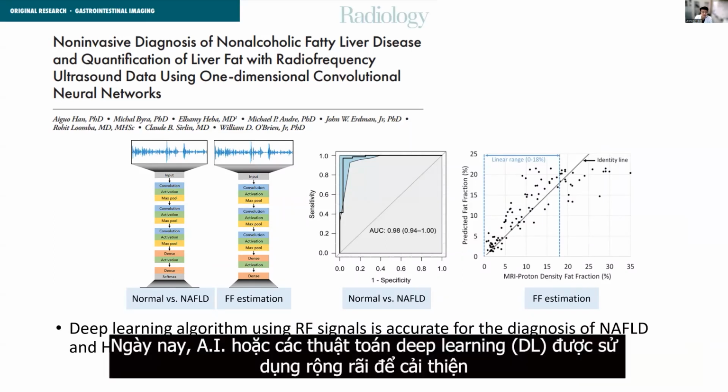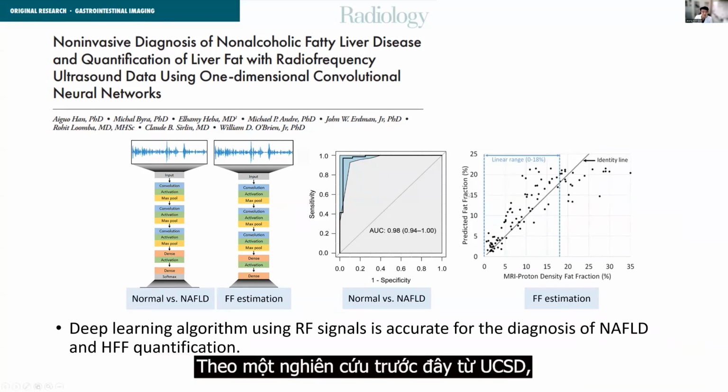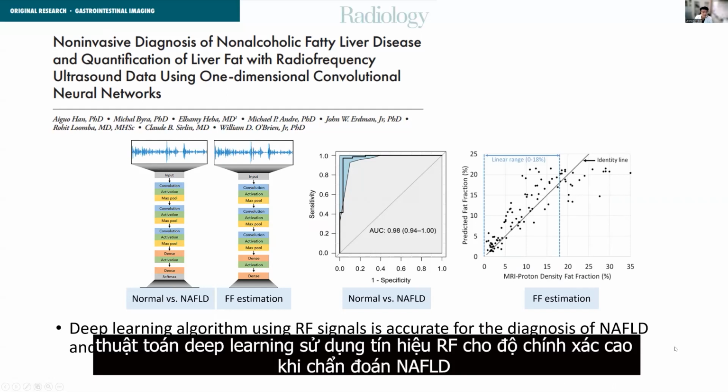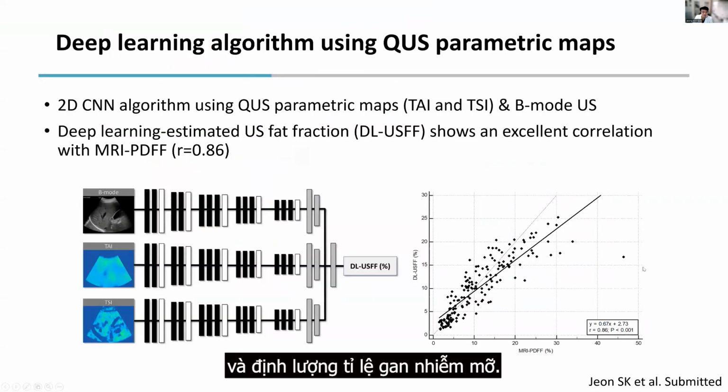Now let me briefly talk about future direction of QUS. Nowadays, AI or deep learning algorithms are widely used for improving diagnostic performance of imaging tests. QUS is not an exception. According to a previous study from UCSD, a deep learning algorithm using raw RF signal showed high accuracy for diagnosing NAFLD and quantifying hepatic fat fraction.